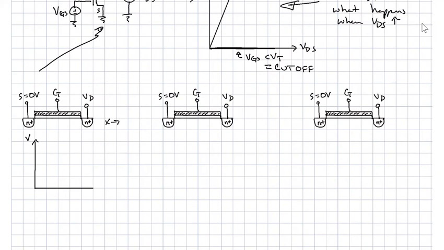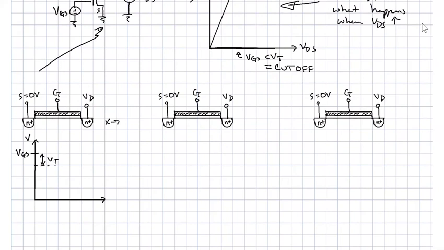If we plot the voltage, we're going to assume we're above threshold. So VGS is greater than VT. We'll draw something here that says VGS. Again, this is some arbitrary voltage that's above threshold, that much above threshold. So VT is going to be here.